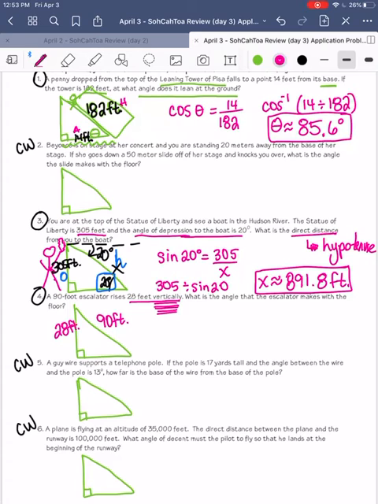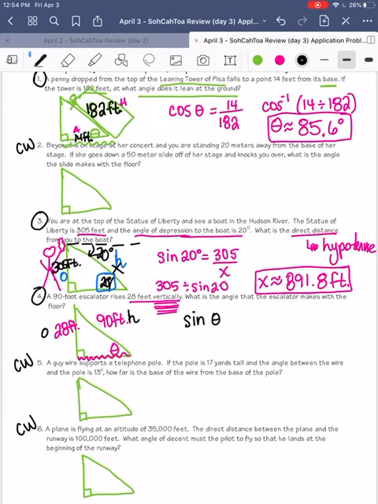And then it says, what is the angle that the escalator makes with the floor? So do we agree this is like the first floor? The second floor would be like here, okay? But it's asking us for the floor and the escalator, so our theta would go there, all right? And so then we can label our sides. This is our O side according to that theta, and this is our H side. So that is also sine.